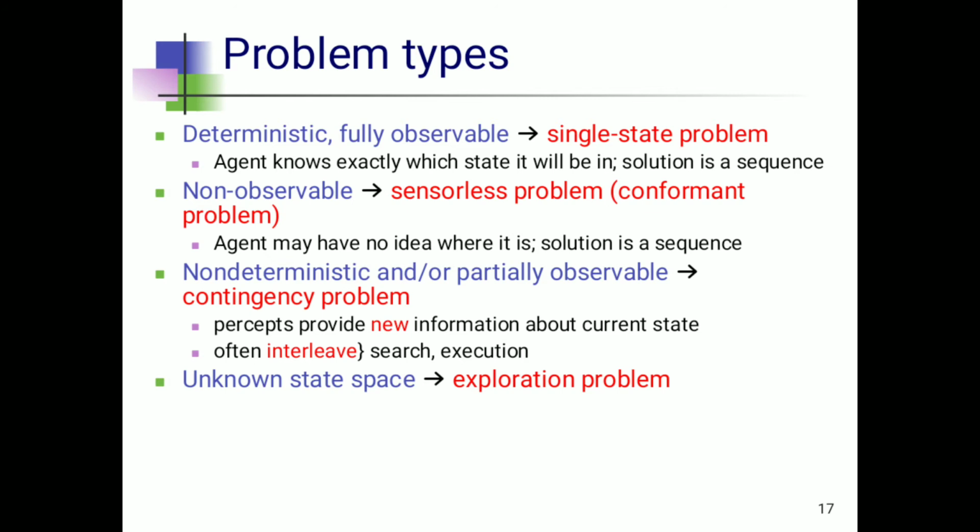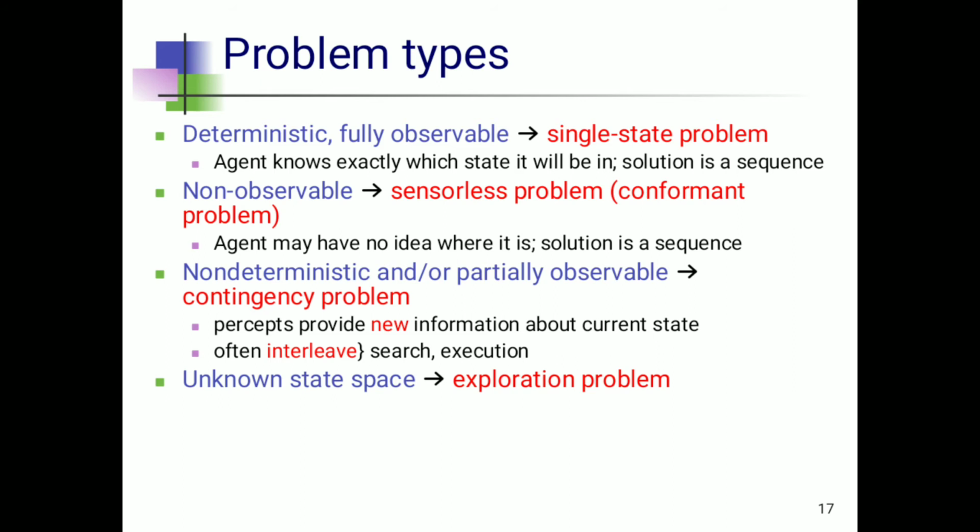So what are the different problem types? There are basically 4 problem types. One is the single state problem, when my environment is deterministic and fully observable. Whenever the environment is non-observable, it is the conformant problem or the sensorless problem.